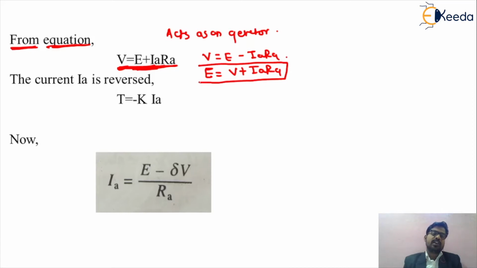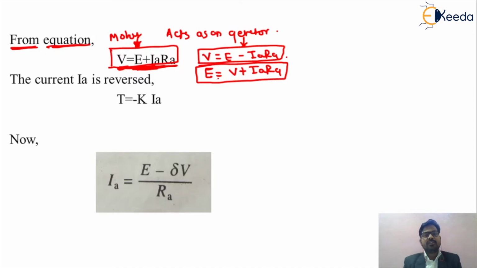This will be the formula for your motor, and this will be the formula for your generator. But while regenerative braking takes place, the formula changes, that is V is equal to E minus IRA. So E is equal to V plus IRA.